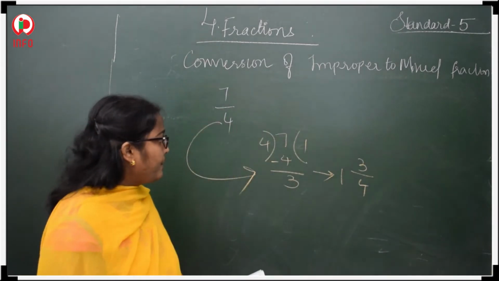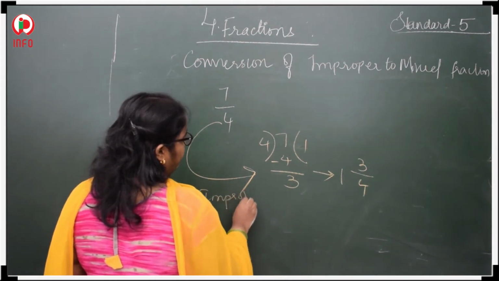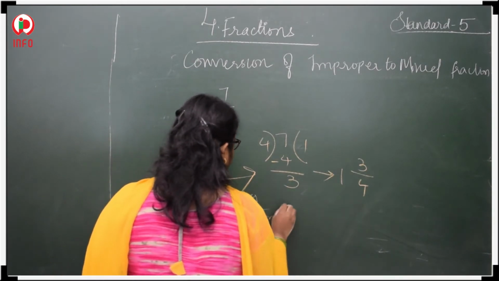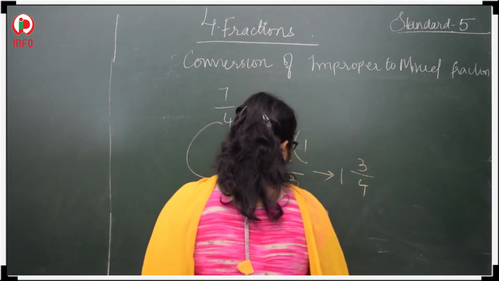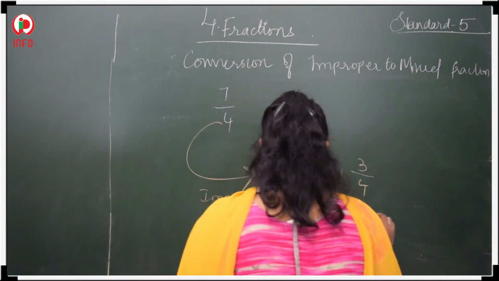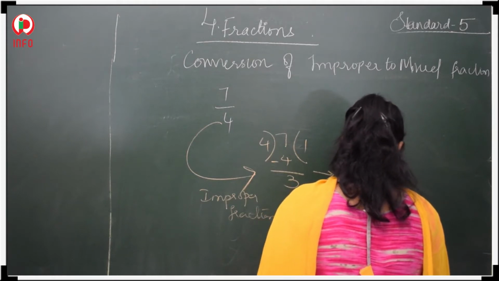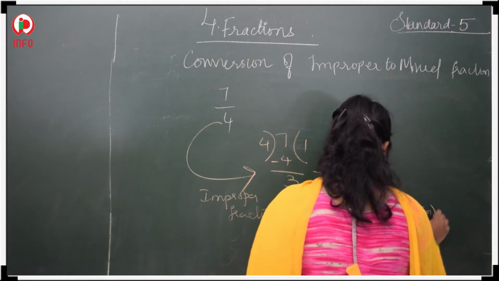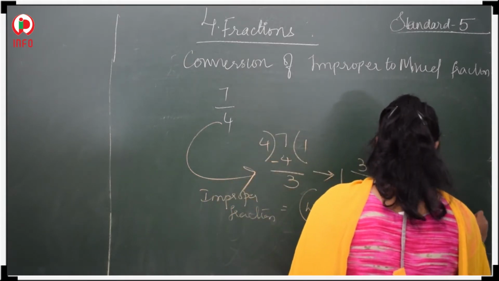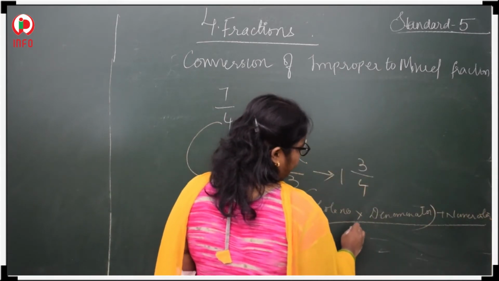Improper fraction is equal to whole number into denominator plus numerator, by denominator.